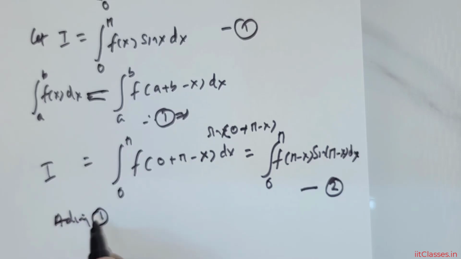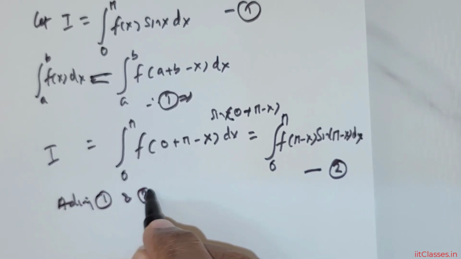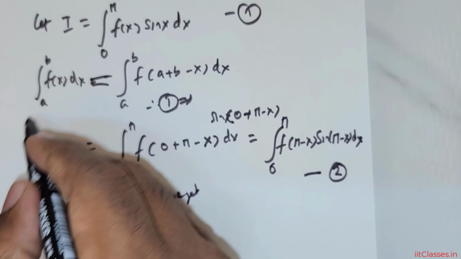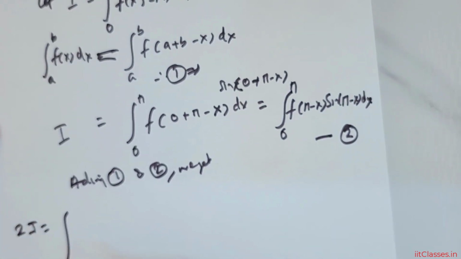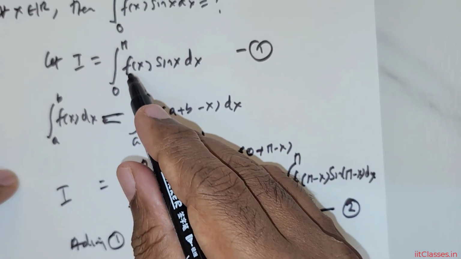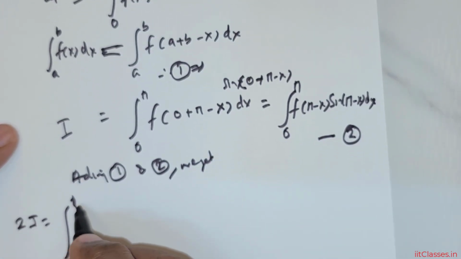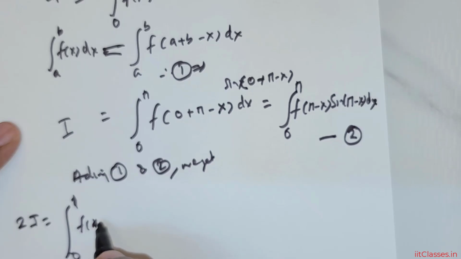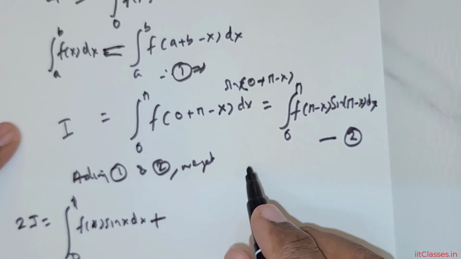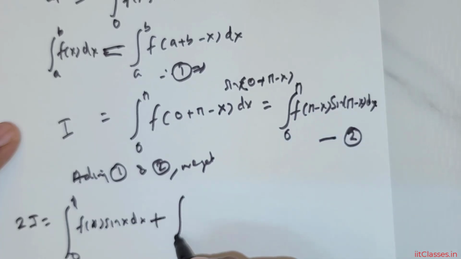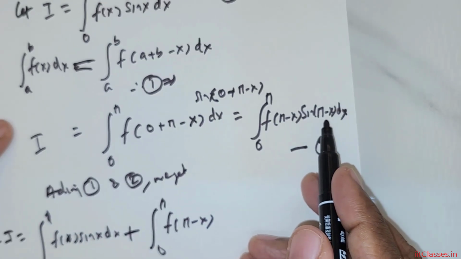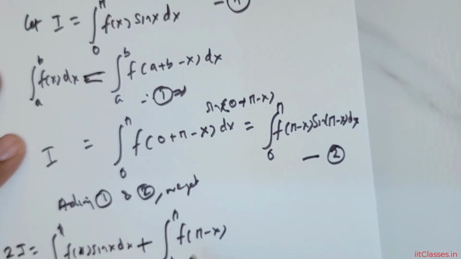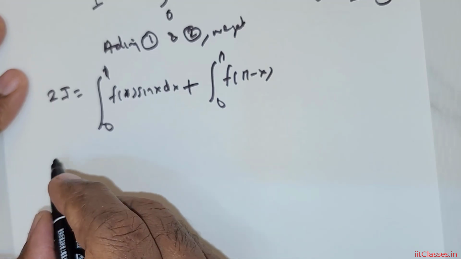Adding 1 and 2, we get I added with I, which will give me 2I. Now this is the integral from 0 to π of f(x) sin x dx plus the integral from 0 to π of f(π − x) times sine of (π − x). Now let me show you what that is.